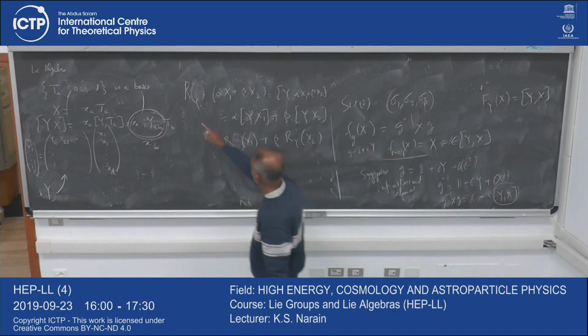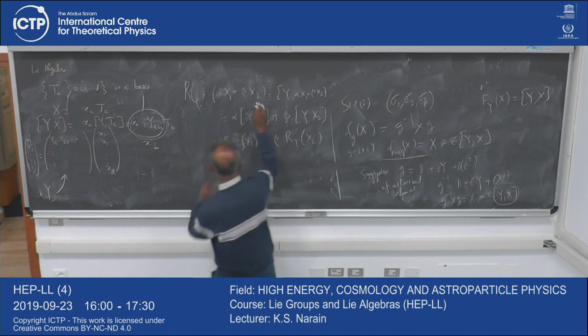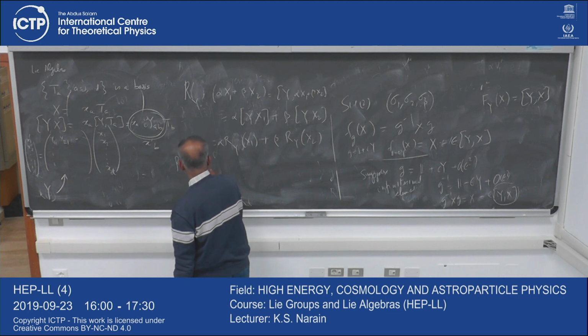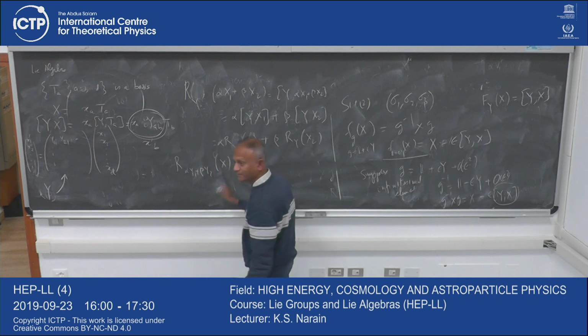Similarly, you can do the following thing. There's a linear structure here, but there's also a linear structure there, because I can choose R of, let's say, alpha y1 plus beta y2 acting on x.